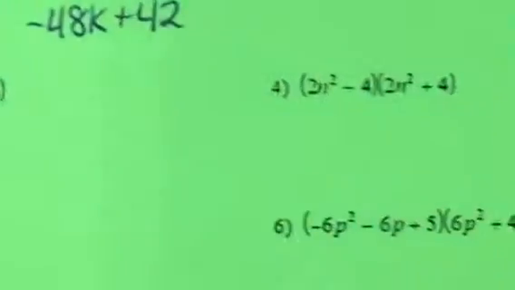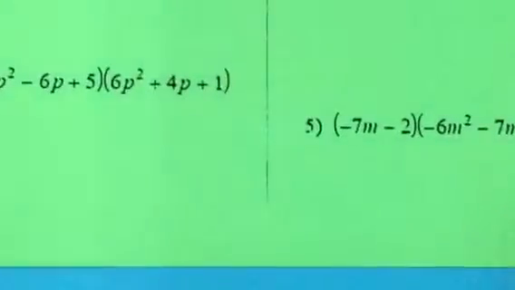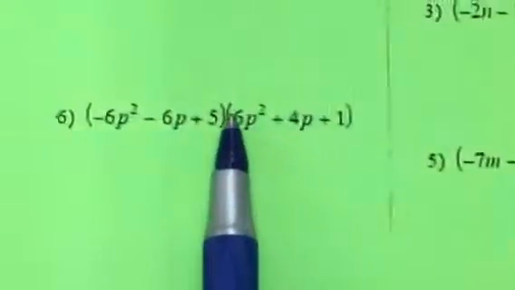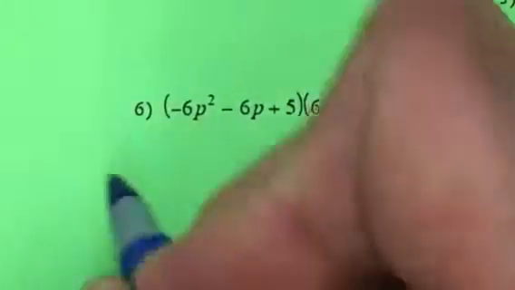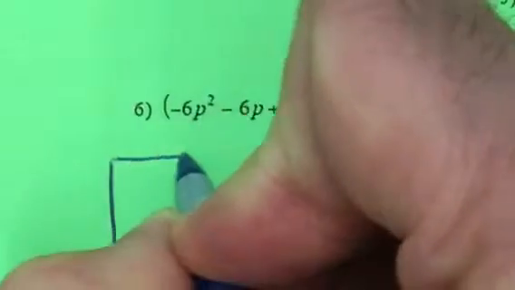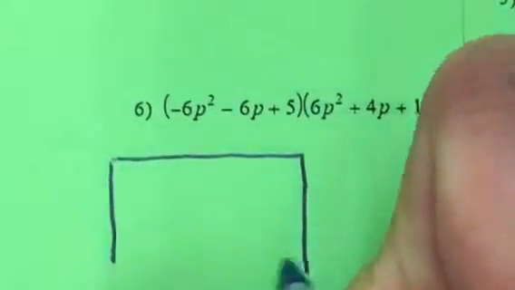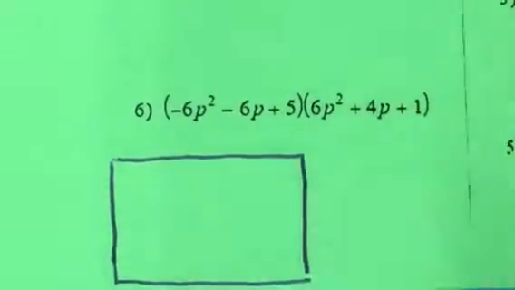If you wanted to do this one at the bottom, number 6, you would set up a trinomial. I'm not going to do it all, I'm just going to set it up.